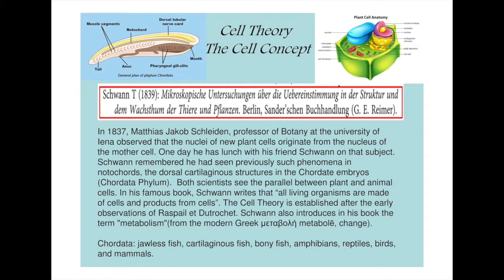Both scientists acknowledged this parallel between plant cells and animal cells as a general fact, and Schwann established the cell theory accordingly, with its first law, according to which all living organisms are made up of cells and products arising from cells.